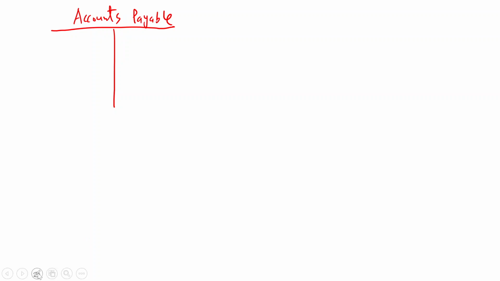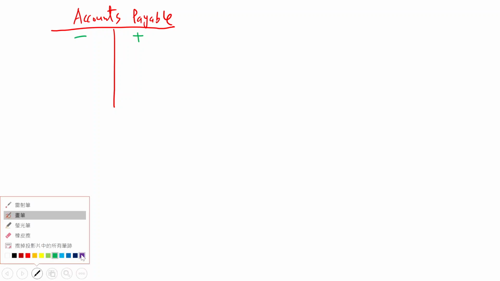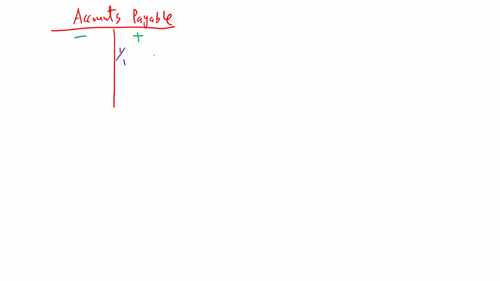Remember, liability increases on credit, right? Decreases on debit. Okay? So maybe the first day, you have liability $80. Next day, your liability decreases $50. So in the end, on the last day, you still have liability $30. Okay? So that's case 1.